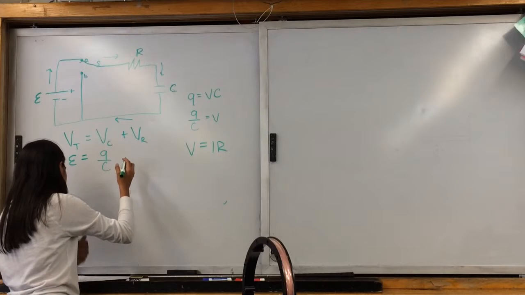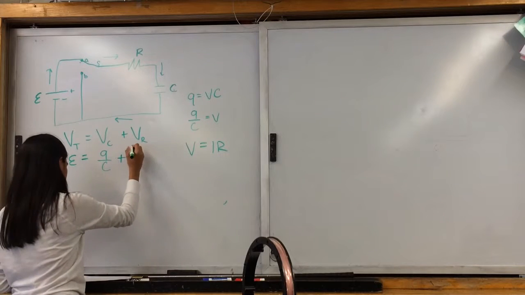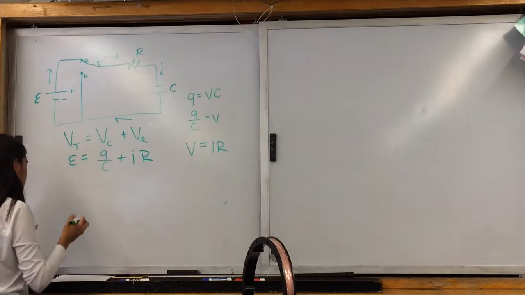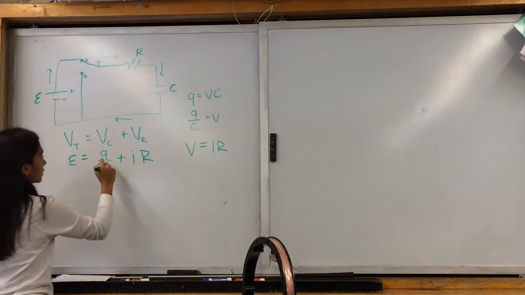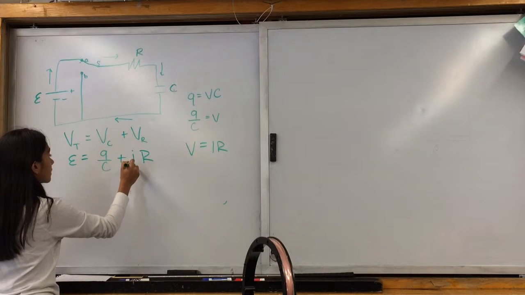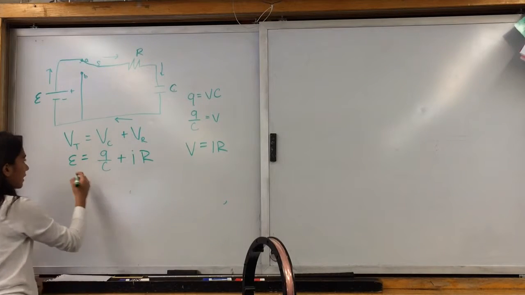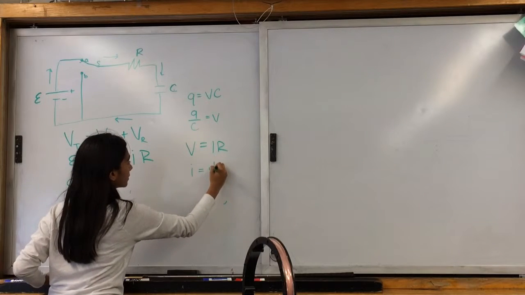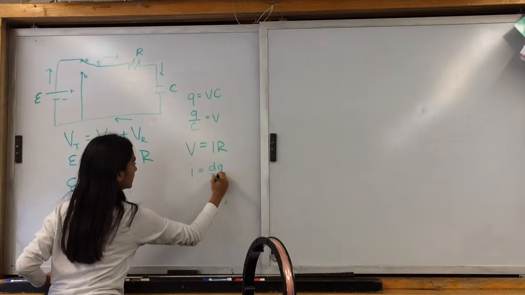And so you have IR. In order to simplify the I, we go back to a formula we learned from last chapter, dq over dt.